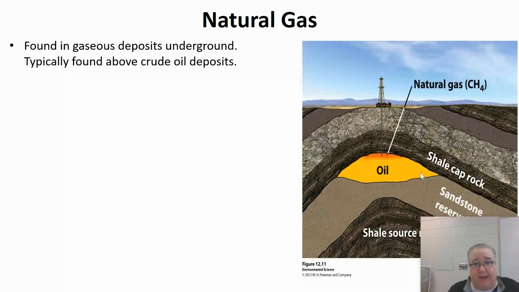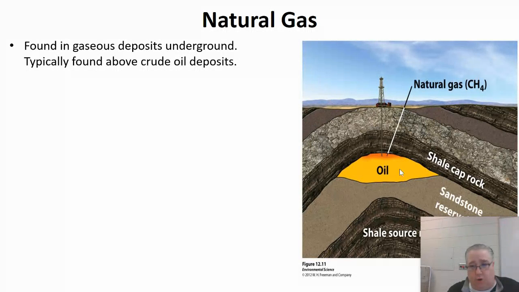This picture is showing us how we would access natural gas, or where natural gas would be found. Here on the surface, you've got your oil derrick, your oil pump, that's drilling down to access oil. And again, it's drilling down through layers and layers of rock.